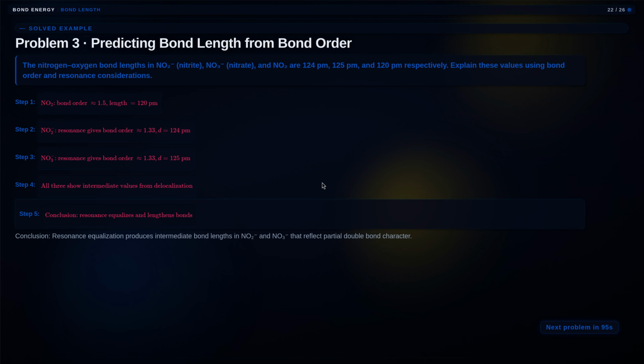Nitrite has resonance giving a bond order of about 1.33 and a bond length of 124. Nitrate also has resonance with bond order 1.33 and a bond length of 125 picometers. All three show intermediate values resulting from electron delocalization. The conclusion is that resonance equalizes and lengthens bonds compared to pure double bonds.